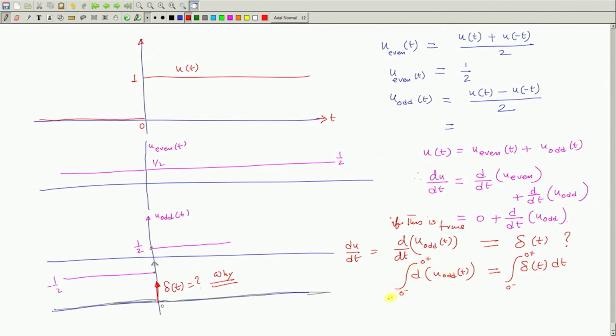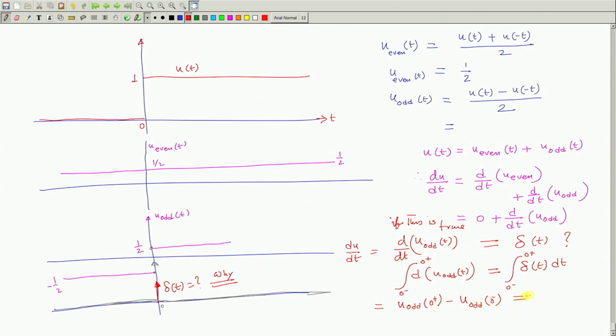This integration will simply give u odd t at t equal to 0 plus, put the upper limit, minus u odd t at 0 minus.